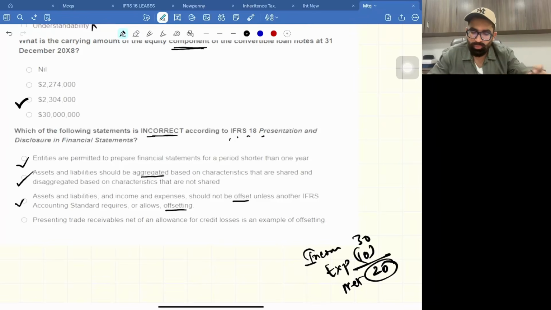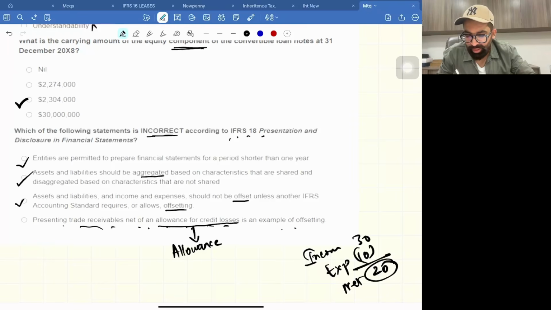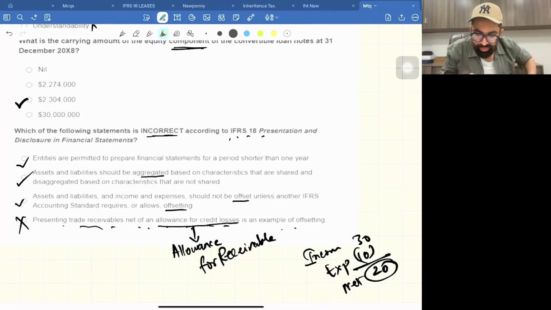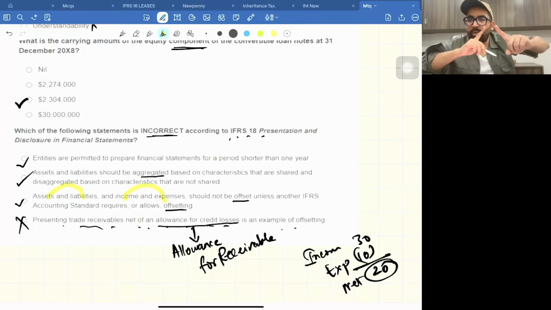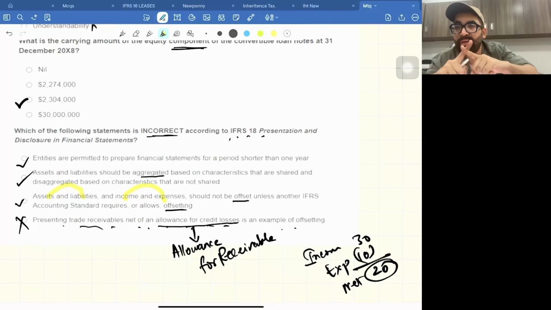Third is correct. Now fourth, presenting trade receivable net of allowance for credit loss is an example of offsetting. Allowance for credit loss means, for you guys, allowance for receivable. Remember in F3 FA level, allowance for receivable. So is presenting the trade receivable net of allowance for credit loss an example of offsetting? No. See, the answer is in point number 3. Offsetting means assets and liabilities or income and expense. If you are netting off an asset and a liability, or income and expense, then it's offsetting.